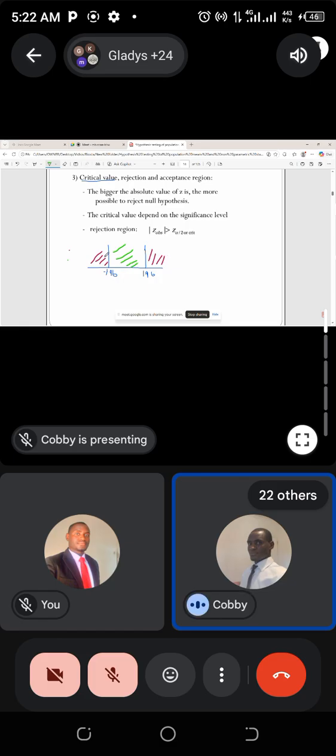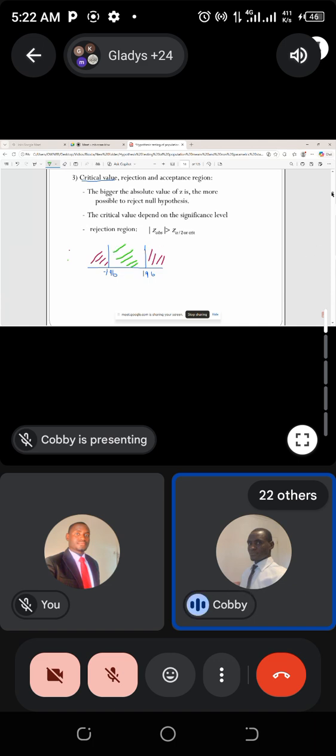Or if it is less than negative 1.96, you also reject. But if it falls between these two values, you fail to reject the null hypothesis.